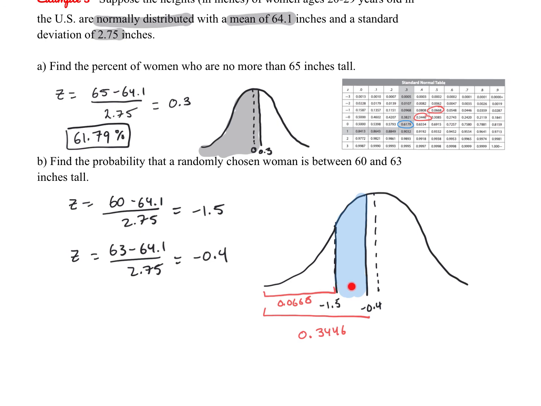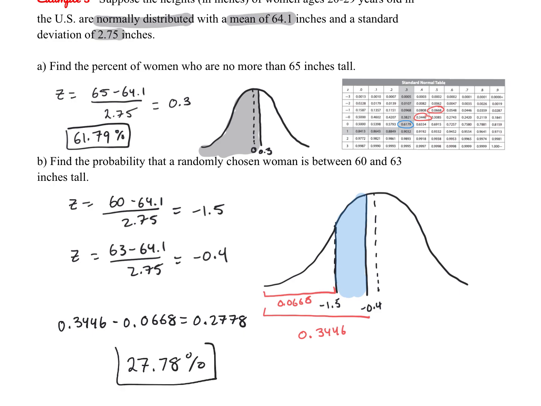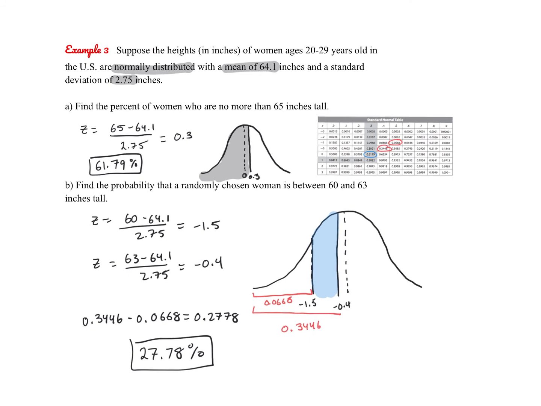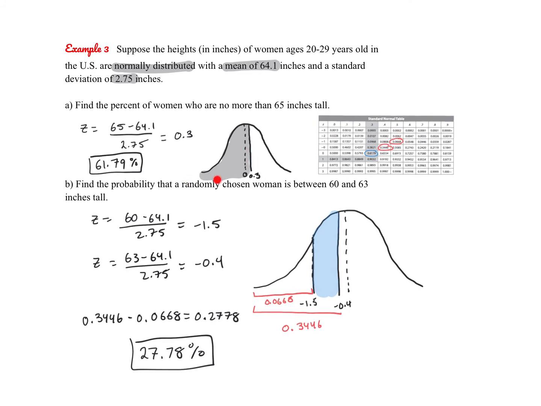Again, to find the area in between, I will simply do this minus this. So I'll do 0.3446 minus 0.0668, and we get 0.2778. So it gives us about 27.78% of the population. So again, sometimes we can just use the total area if it's like up until something, but if we want to find in between, we can find those individual areas and then subtract away the parts that we don't want.